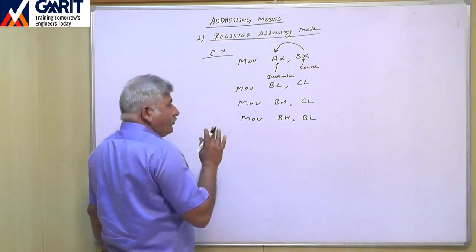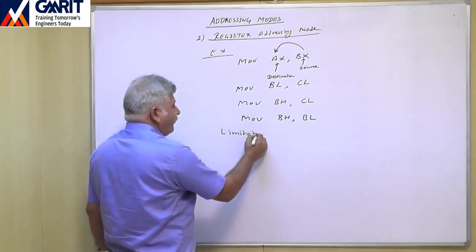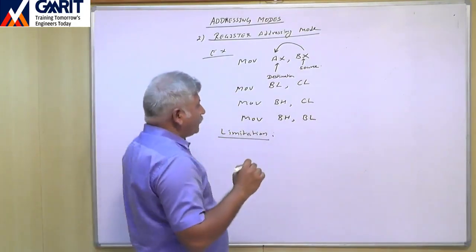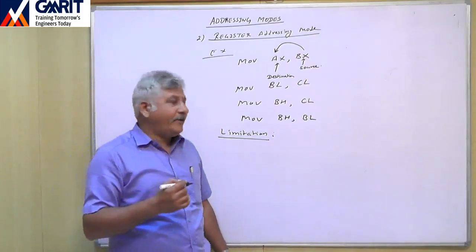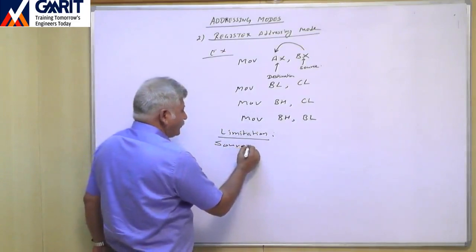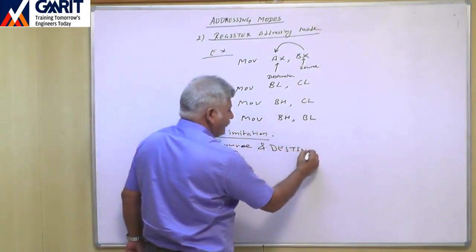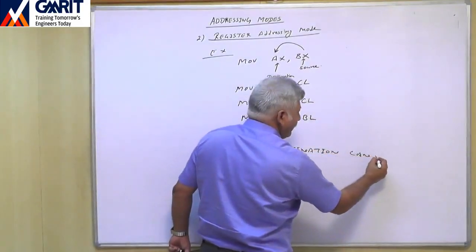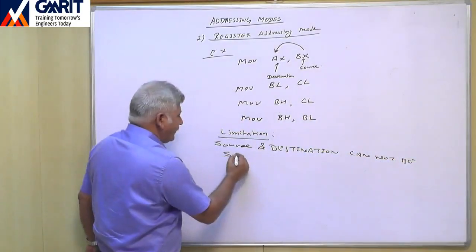Now here one limitation. Source and destination both cannot be segment register.